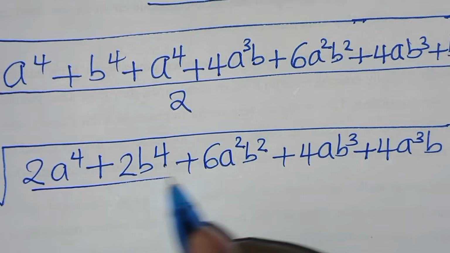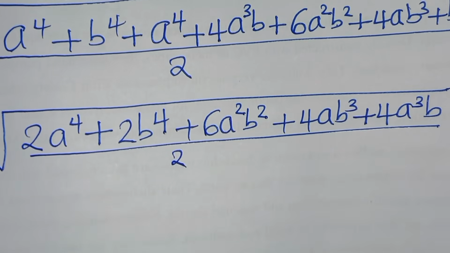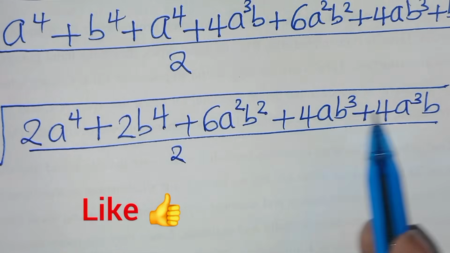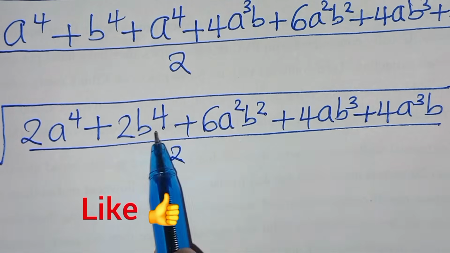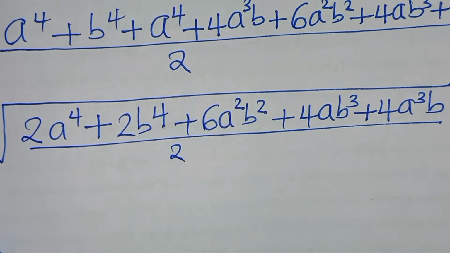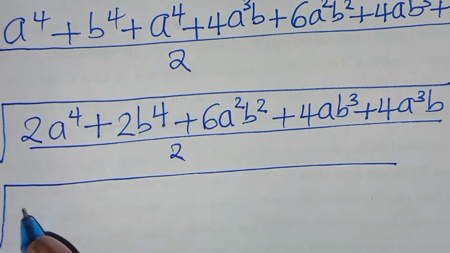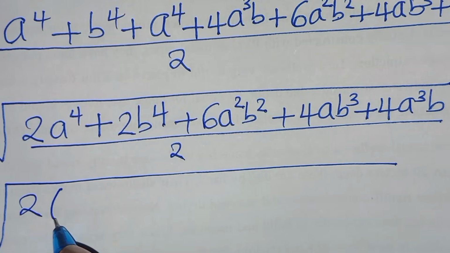Then all this divided by 2. As you can see here, 2 is common. We can factor out 2, so let's factor out 2 here, so that now we'll have 2 into the parentheses.